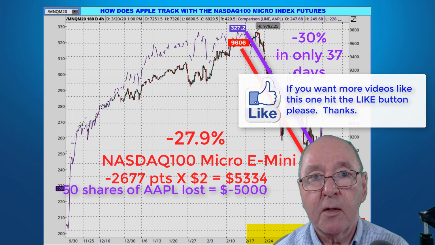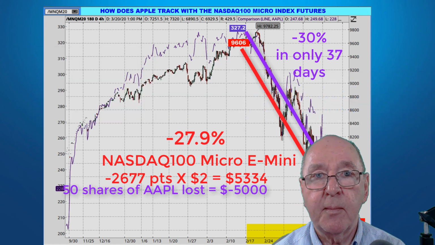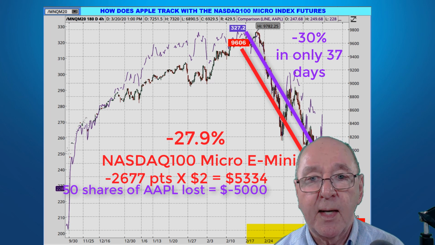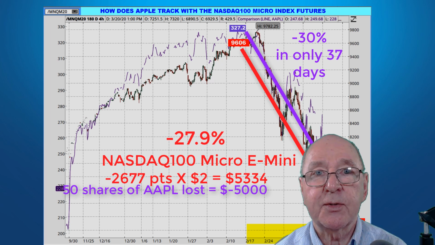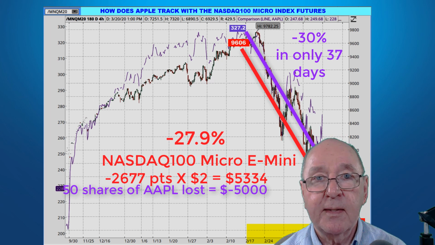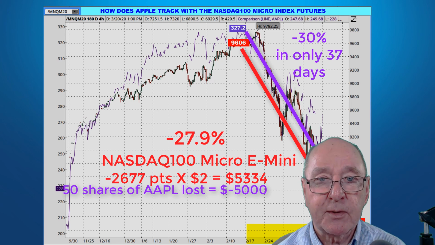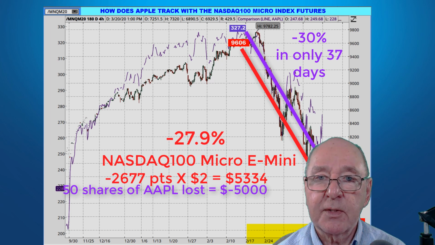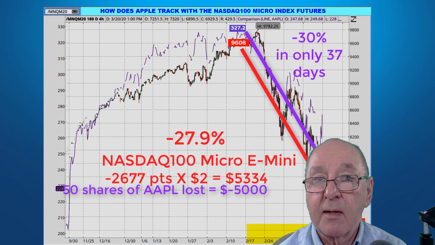Now, of course, we've been talking about day trading the micro E-mini futures, but they have another very important use. And while I have a great example up here on the screen, I thought I'd show you how you could use stock index futures to hedge a part or all of your stock portfolio. Of course, you have to do a little math to make it work, but we've got a good setup here. 50 shares of Apple stock during this market crash went down $100 a share.